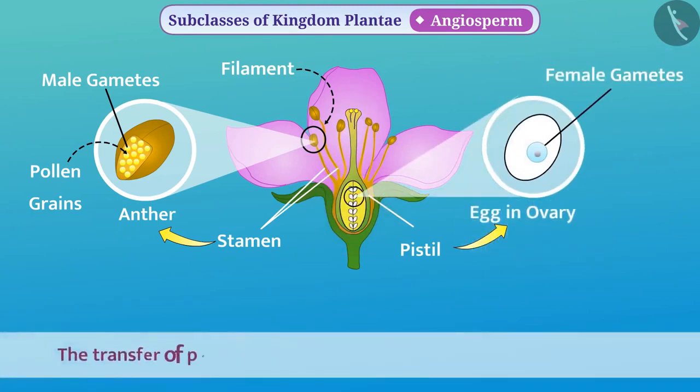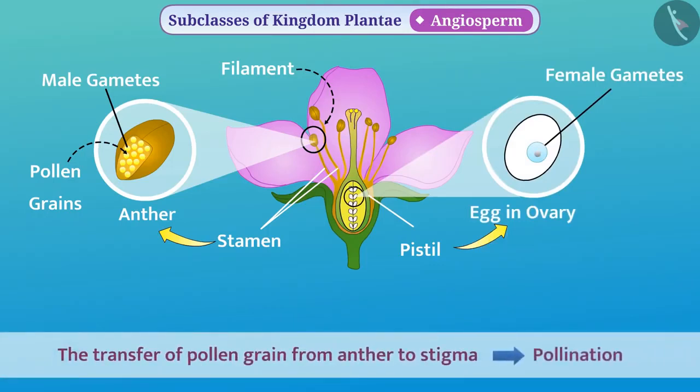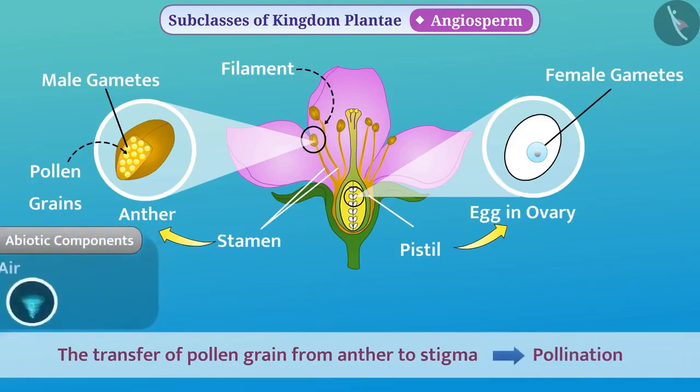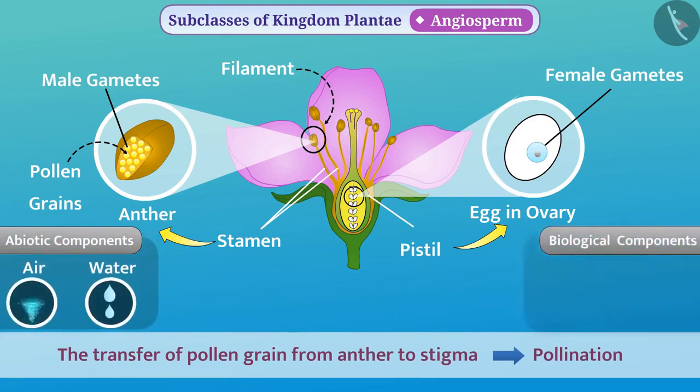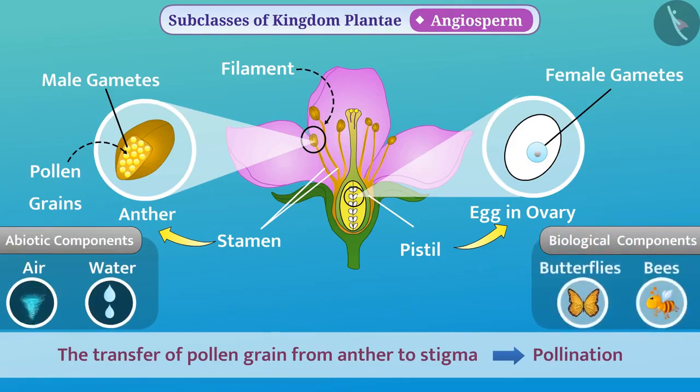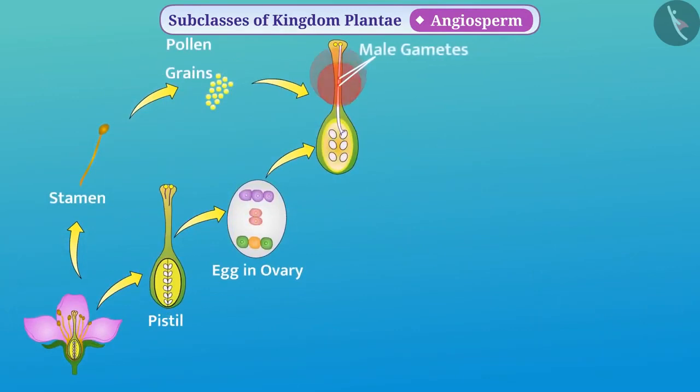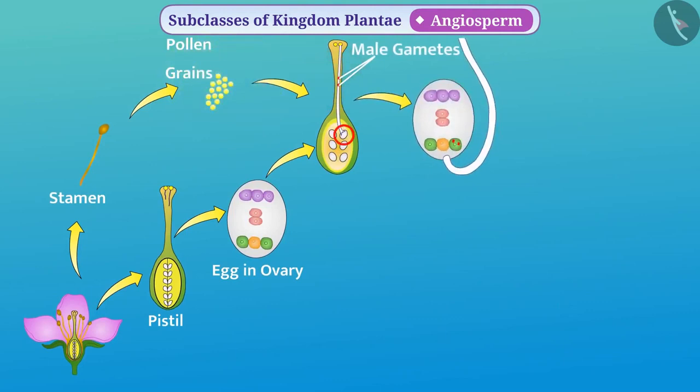The transfer of pollen grain from anther to stigma is called pollination. It takes place with the help of abiotic components such as air, water, or biological components such as insects, animals like butterflies and bees, etc. Two male gametes from the pollen grain are released into the ovary by pollen tube.